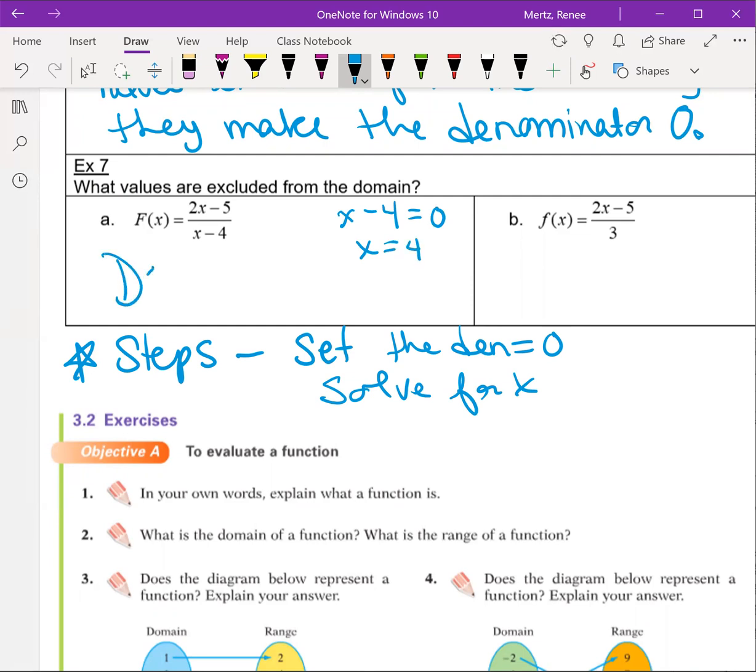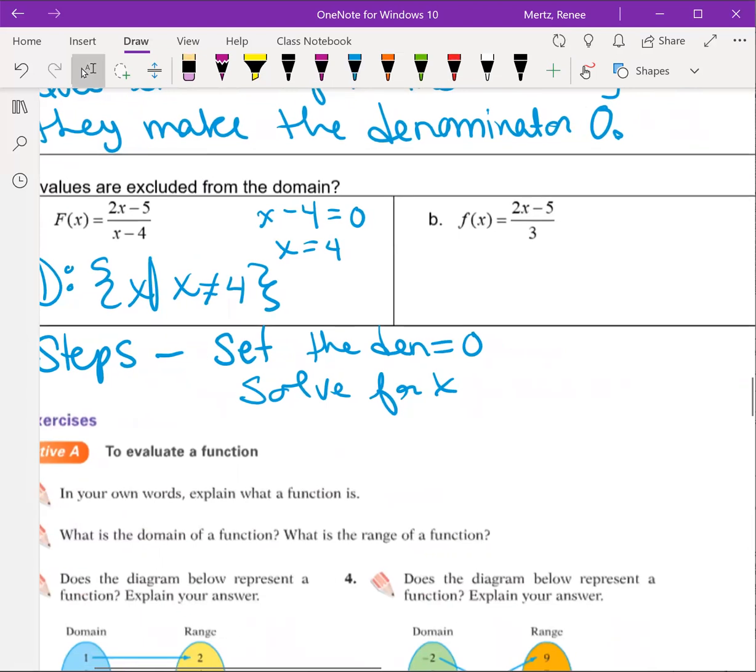So our domain, we don't care about the top, is everything. We usually just write x cannot equal 4. So it's everything, but x cannot equal 4. It can be everything else.